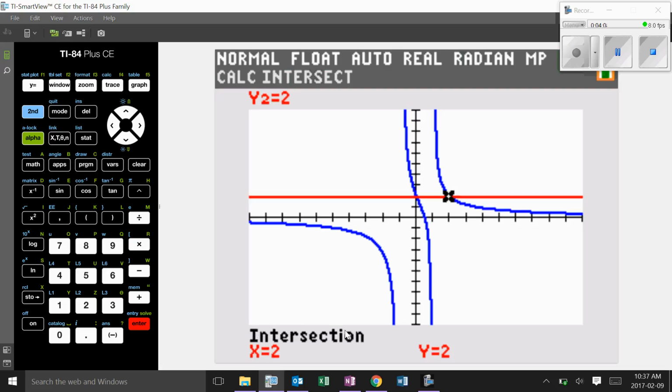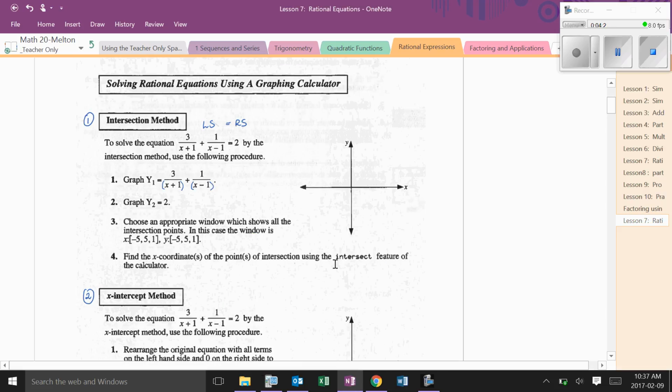Yes. And so when y is 2, x is 2 as well. So these end up being both nice integer values in terms of where those intersection points are. So the x coordinates are then x is equal to 0 and x is equal to 2.